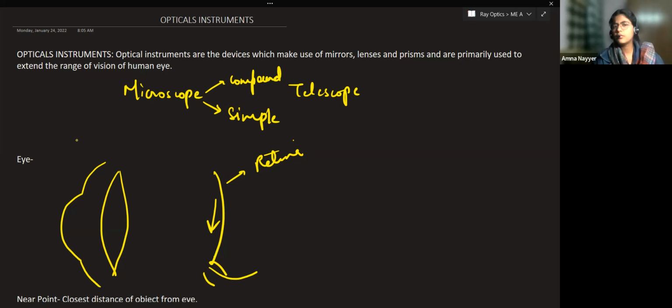This is the working of the eye. In this entire pathway, if you have any abnormality at any point, let's say the lens is not able to converge properly, light rays are not able to enter, or the retina is not able to transmit the image to the optic nerve, this causes abnormalities. So hypermetropia, myopia, all these diseases are present. Right now, this is just enough in the introduction of the eye.